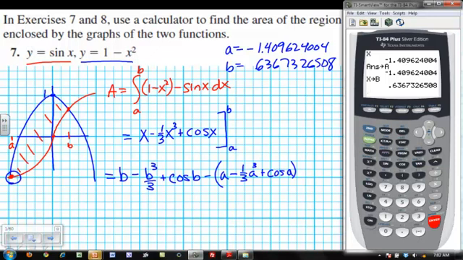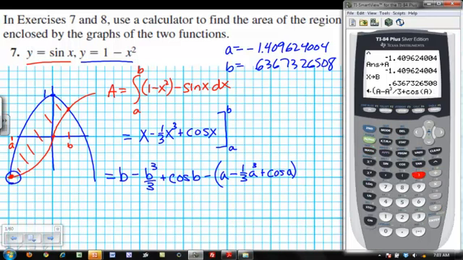Now, how am I going to get that value out of my calculator? Well, I'm going to type in exactly that. I'm going to type in b minus b cubed divided by 3 plus cosine of b, minus the quantity of a minus a cubed divided by 3 plus cosine of a.